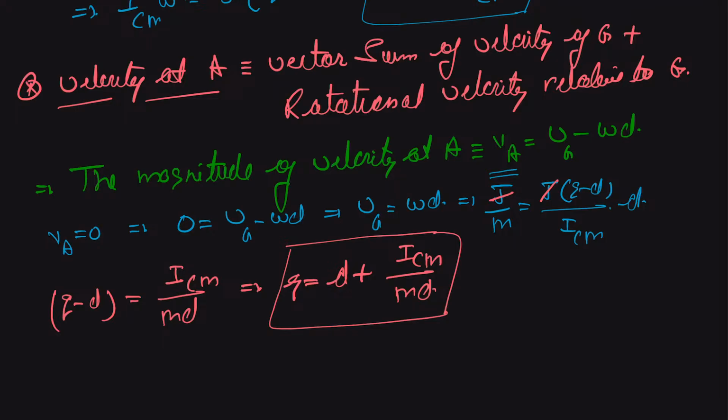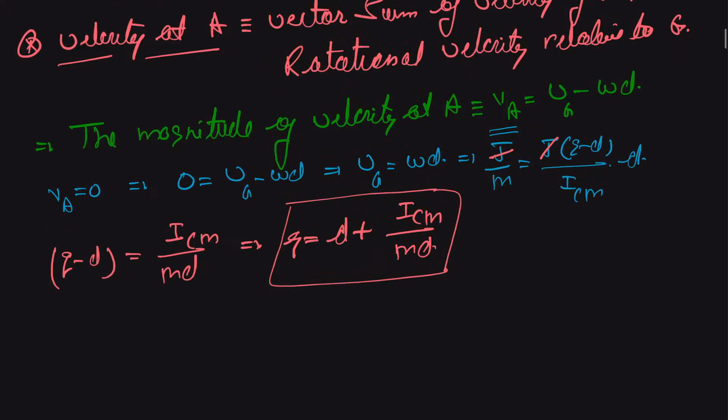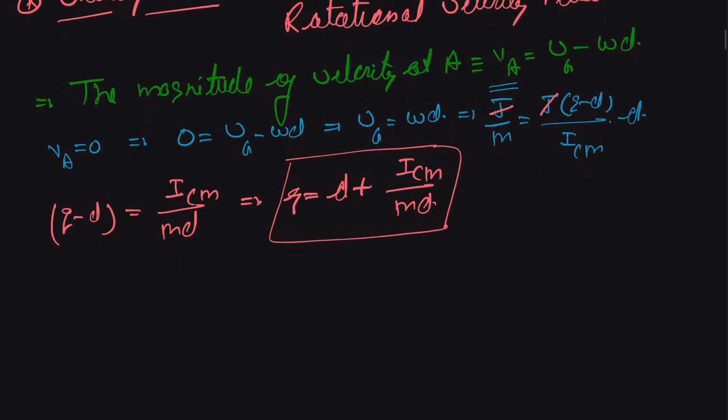We are given the moment of inertia about the center of mass, so there is no need to calculate. Therefore we can substitute it here. So we get Q equal to d plus 1 upon M times d multiplied by M l square divided by 24.